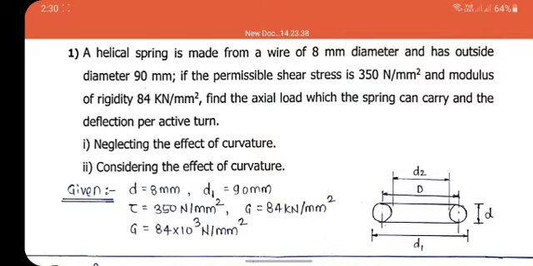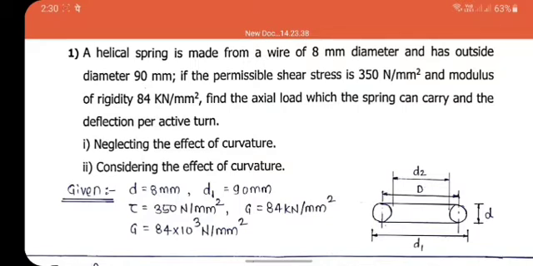This outside diameter is denoted by d1. Here I have shown one wire in which small d is the diameter of the wire, capital D is the average or mean diameter, d1 is the outside diameter and d2 is the inside diameter. So this d1 is given, that is the outside diameter, which is 90 mm.